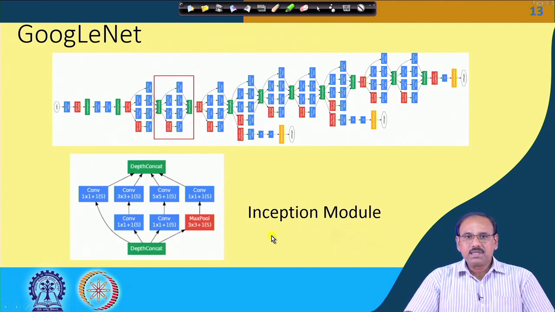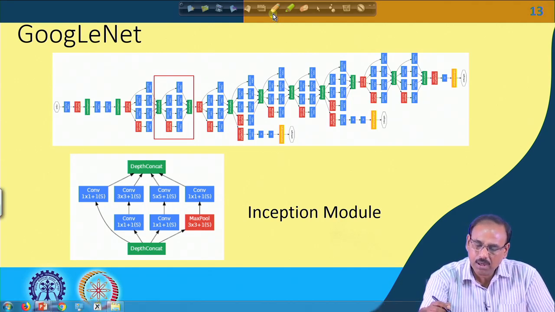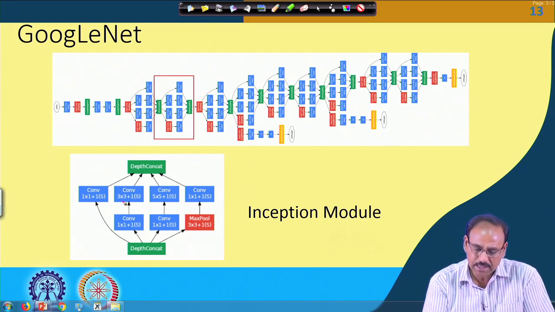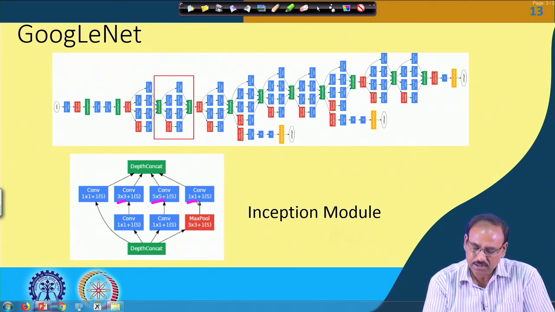So what are these inception units or inception modules? These inception modules actually compute the features which are used in the Google network. If you look at the way they work, they have different types of convolution units: convolution kernels of size 3 by 3, convolution kernels of size 5 by 5, and also convolution kernels of size 1 by 1.